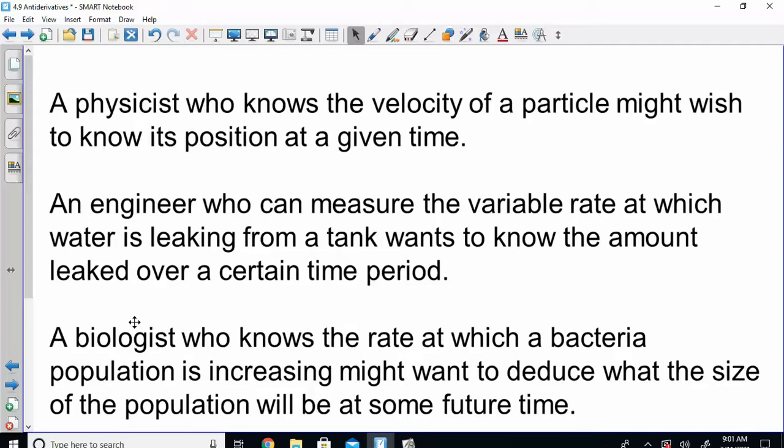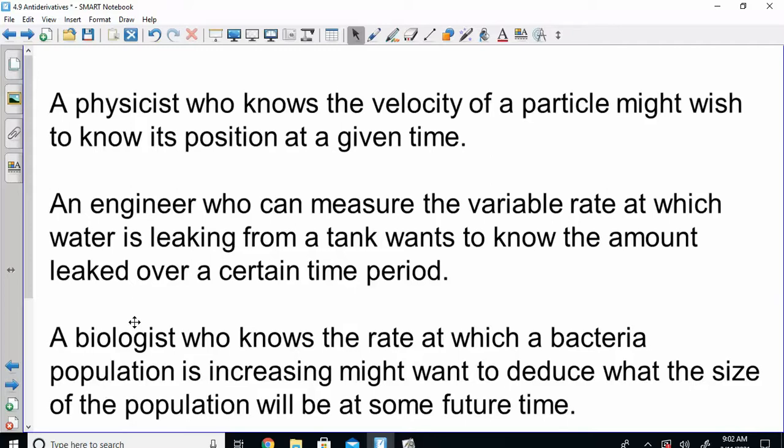Or think about when an oil tanker in the ocean crashes and you have oil leaking out. You might know the rate that oil is coming out of the tank. Don't we need to know how much oil has leaked into the ocean at a given point in time for cleanup purposes?